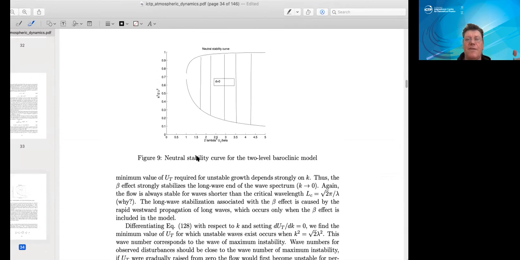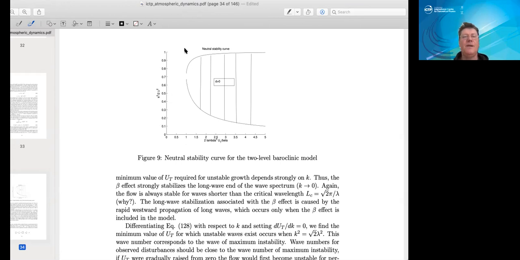Now we want to do one thing. Imagine we want to figure out, let's say we start in this stable range. So our thermal wind is such that we are in this range here. And now we increase our thermal wind. So we move a line closer to this unstable region here.